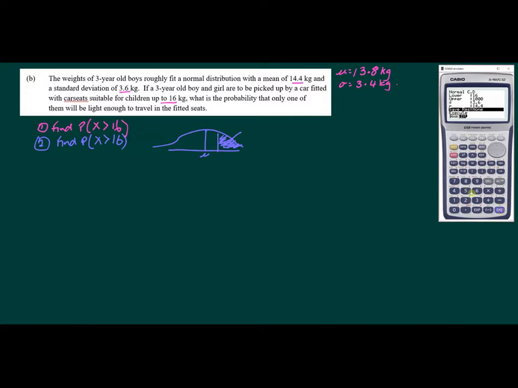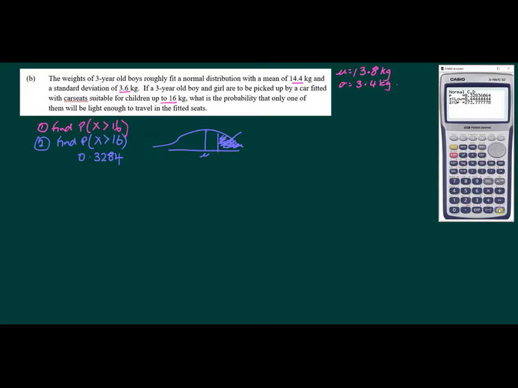That shows we have a probability of 0.3284 if I round it. So the probability for the boys being greater than 16 is 0.3284.